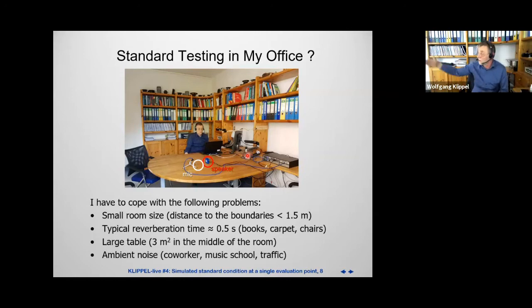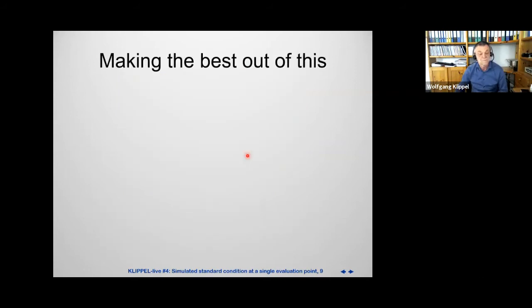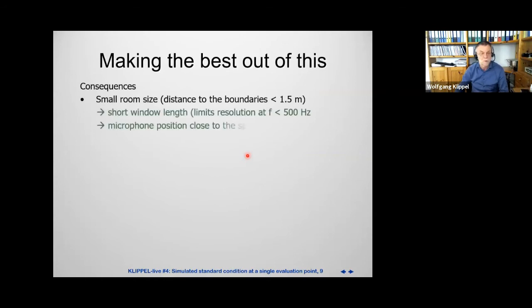There's a music school, or here from the office. How can we do the best out of that? What are the consequences? I have a small room, a small distance. I need a very short window. That limits my resolution below 500 Hertz.